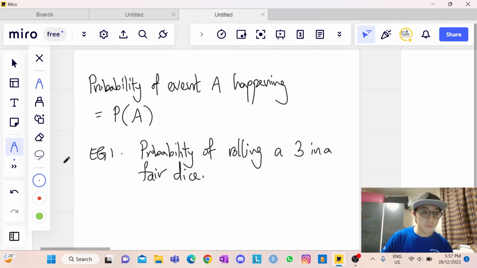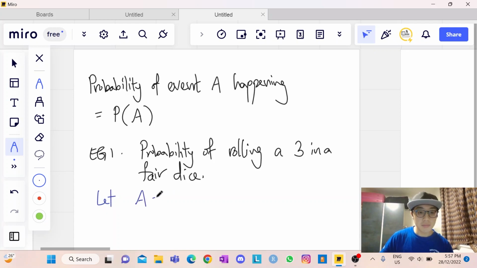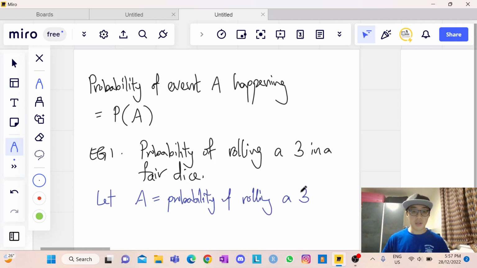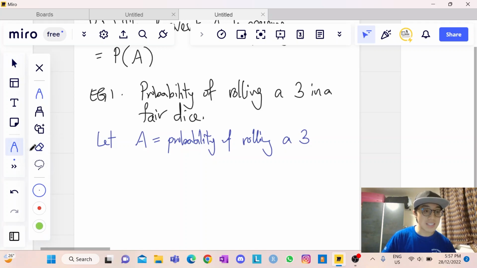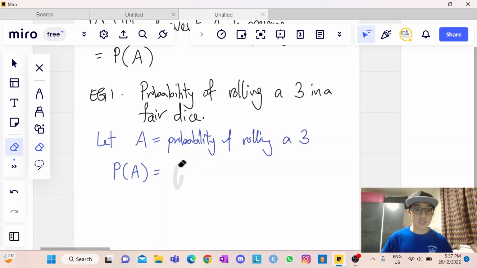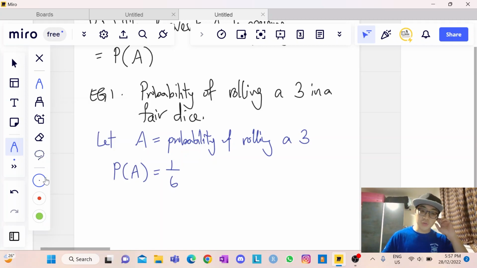If it is fair, then let A be the event of rolling a three. The probability of this event happening, P(A), will be equal to 3 out of 6. Sorry, not 3 out of 6, it's 1 out of 6. That's a very bad mistake. So it equals 1 out of 6.